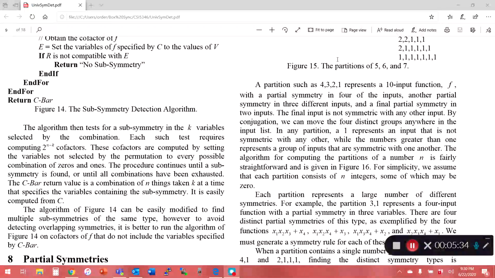Once we've done that, we take 6 things 3 at a time to fill in the group of 3, and then 3 things 2 at a time to fill in the group of 2, and then the last element is just whatever's left over.